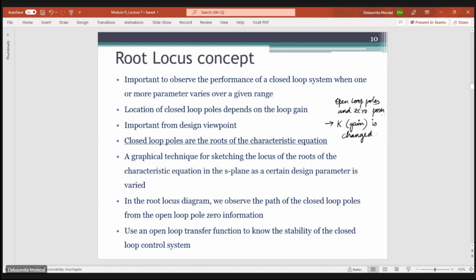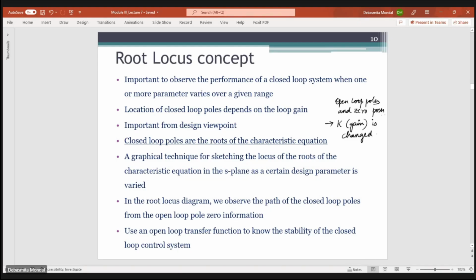So the main concept of root locus is that we observe the path of the closed loop poles from the open loop pole zero information given to us. If you have been given an open loop system, just by having the information on the position of those open loop poles and zeros, we can find out how the closed loop poles and zeros will move in the S-plane as we change the value of a certain parameter, let's say gain in this case.